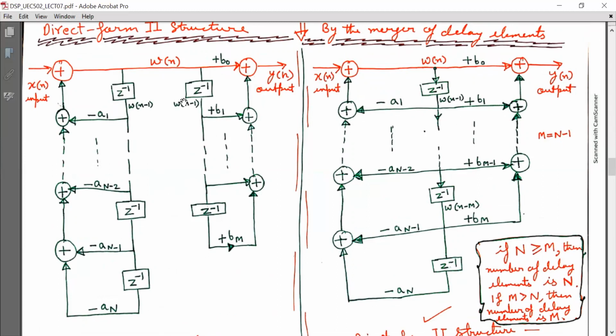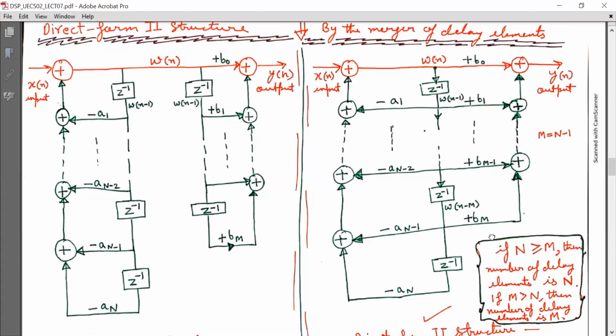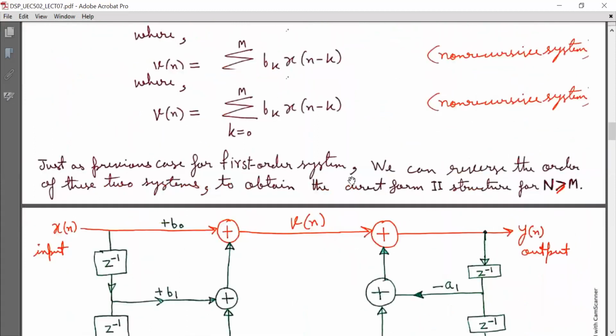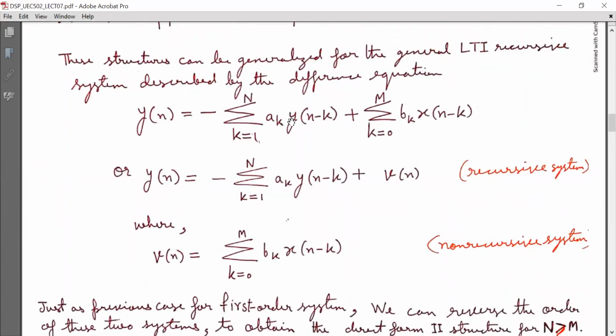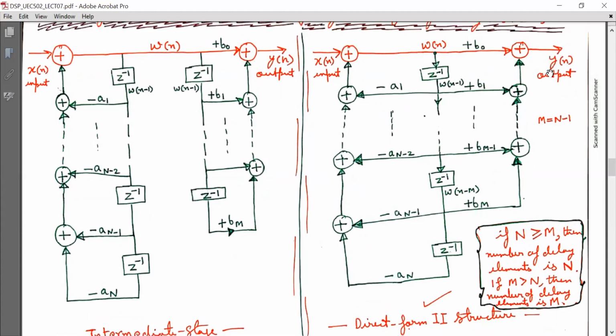Why use two delays? Why not merge them? So after merging, this equation eventually comes into the picture. So here w[n], here w[n-1], but the output remains the same. When we calculate y[n], it will justify this equation. x[n] and y[n] will remain the same.